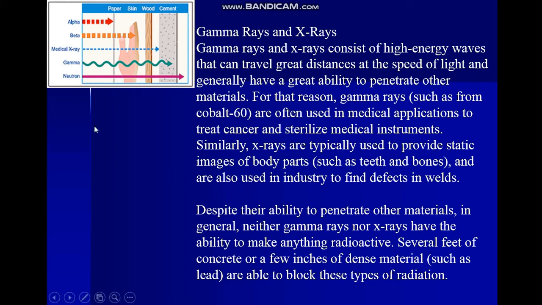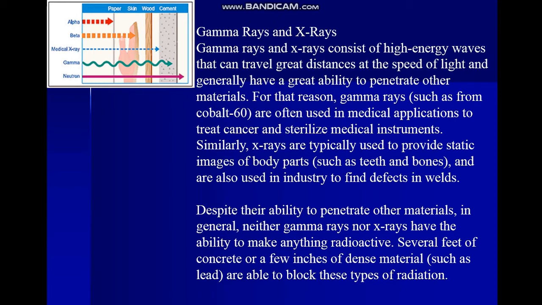Similarly, X-rays are typically used to provide static images of body parts and are also used in industry to find defects in welds. Despite the ability to penetrate other materials in general, neither gamma rays nor X-rays have the ability to make anything radioactive.